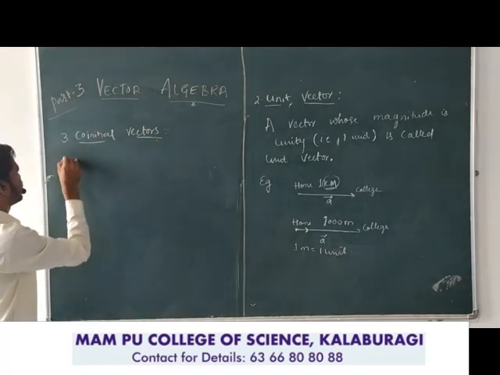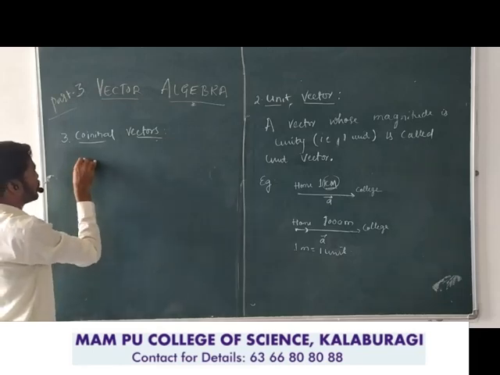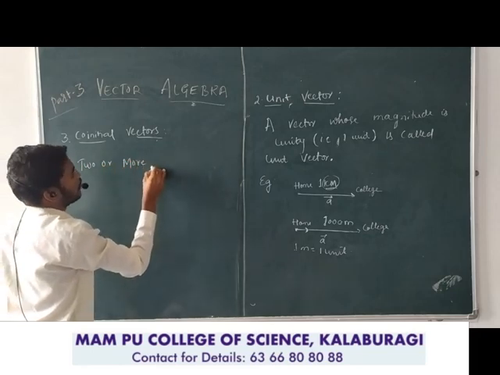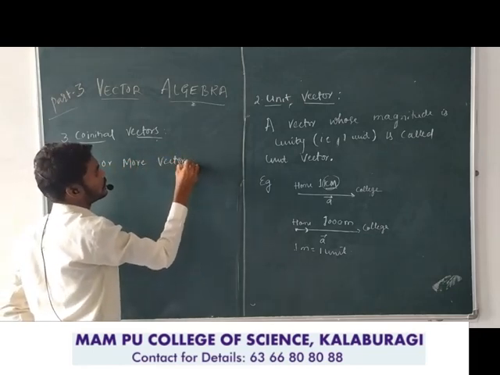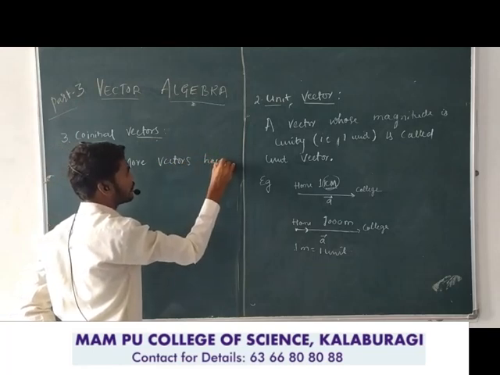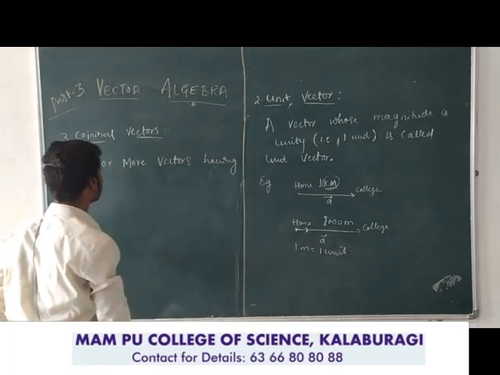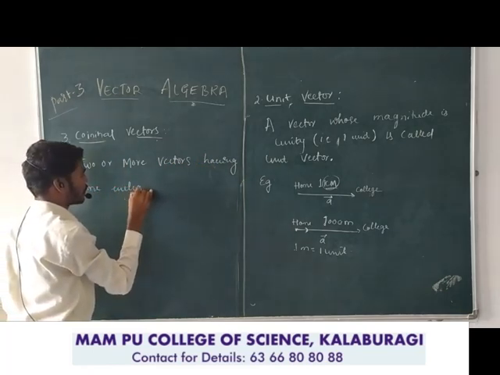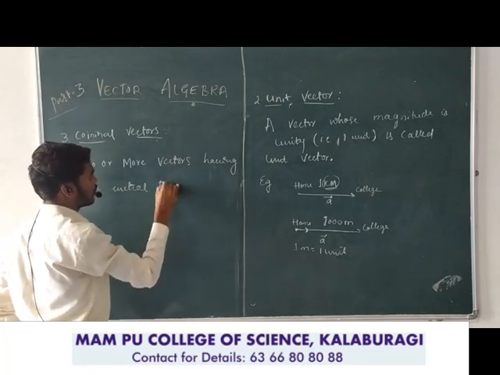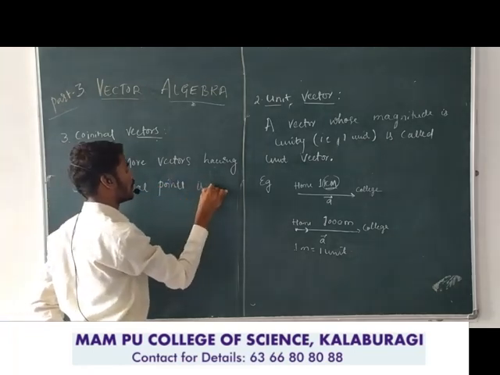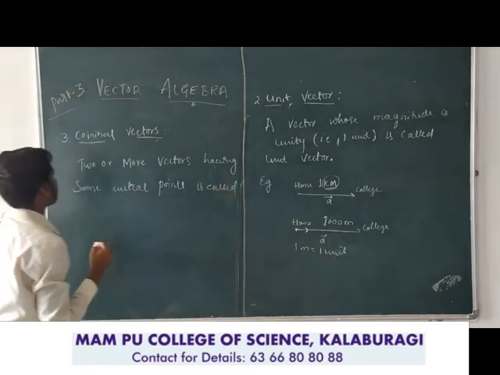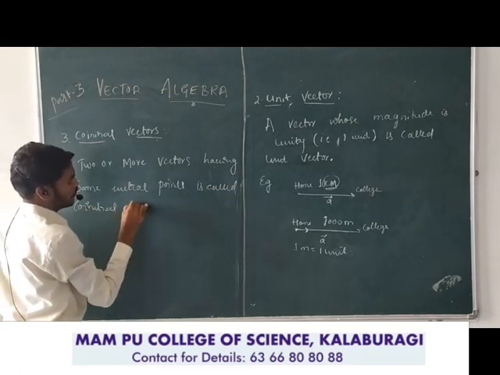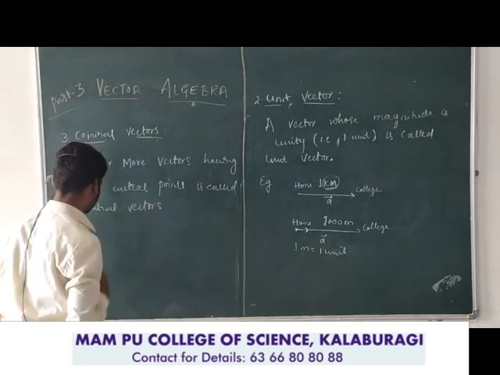I will write the definition here: two or more vectors having the same initial point are called co-initial vectors.